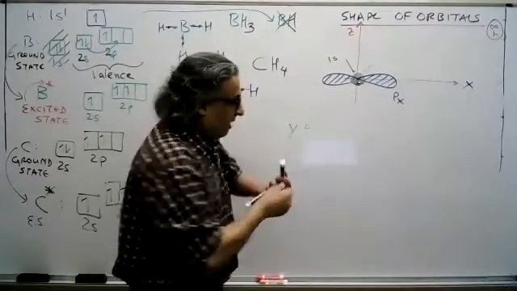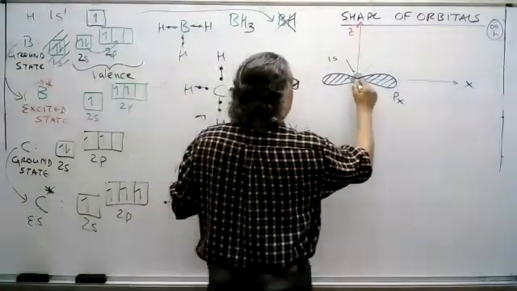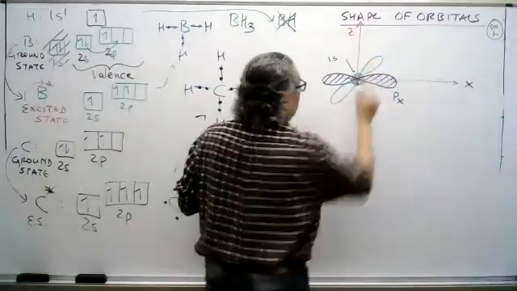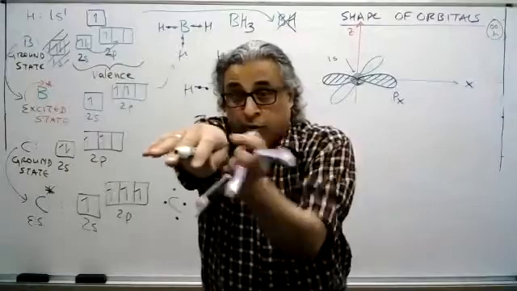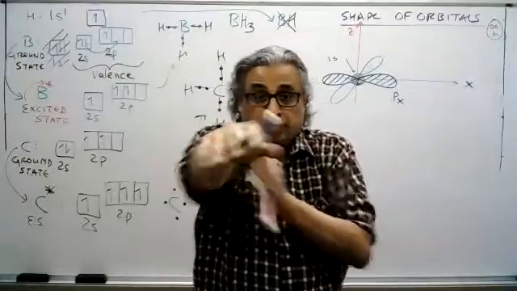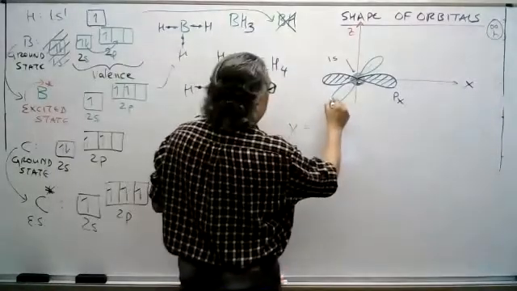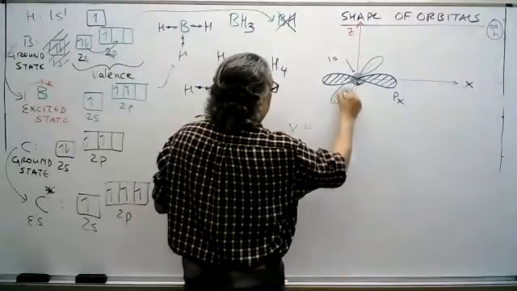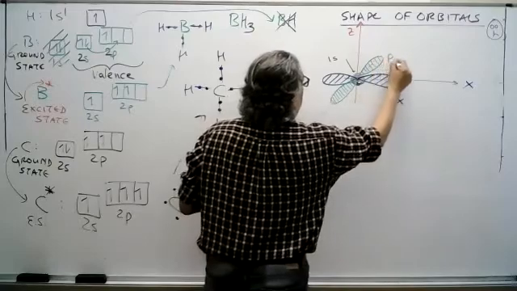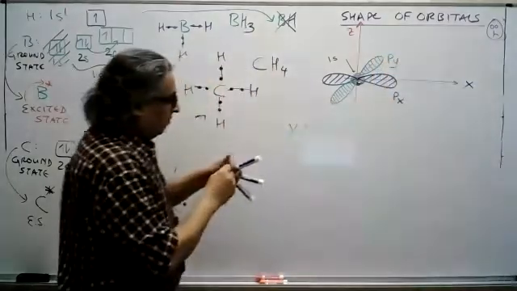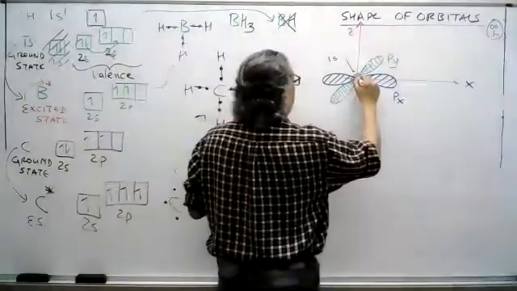Okay, py is along the y-axis, a dumbbell toward you and a dumbbell away from you, okay? This is py, and pz is up and down.